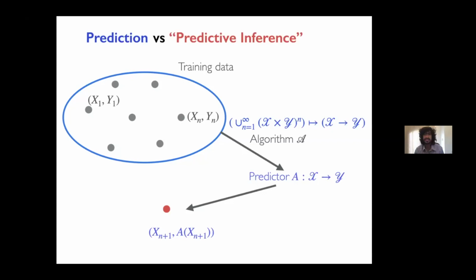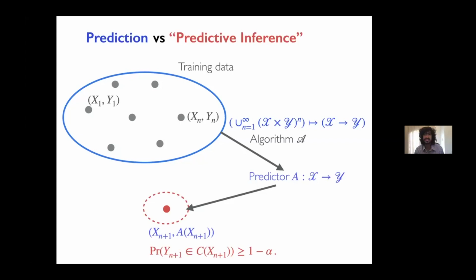So how does that differ from predictive inference? Predictive inference says, well, we don't just want a point prediction. We would like an uncertainty guarantee. Don't give me a point, but give me a set. And the type of guarantee I would like is that with high probability, yn plus 1 is in this set, which I'm going to call C of xn plus 1 for the rest of this talk.